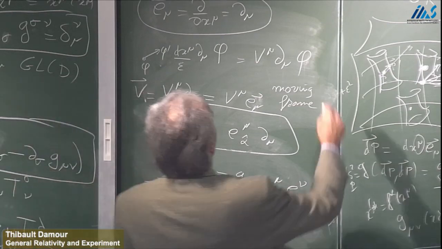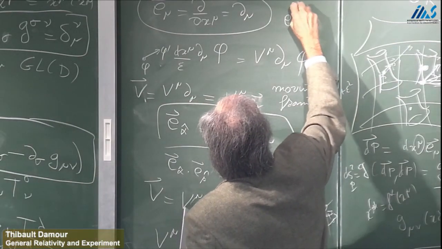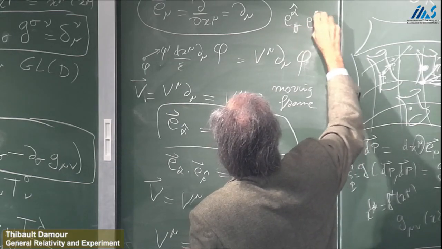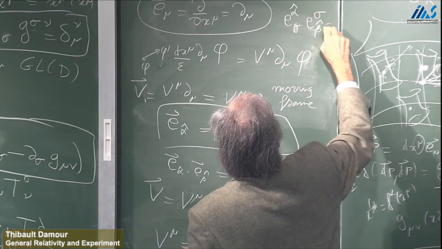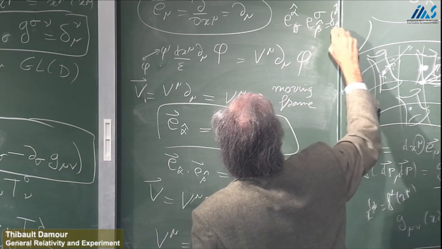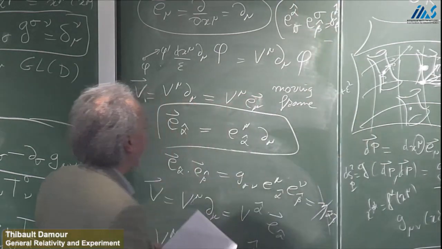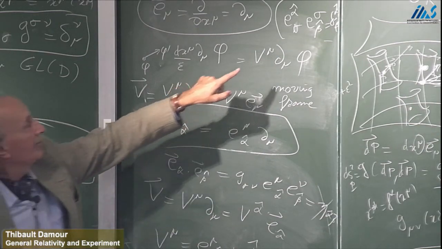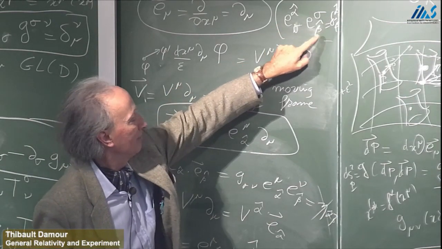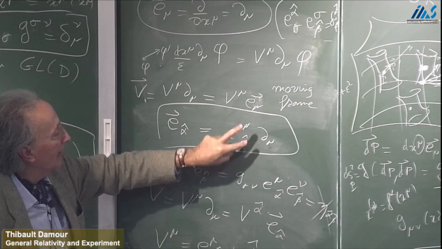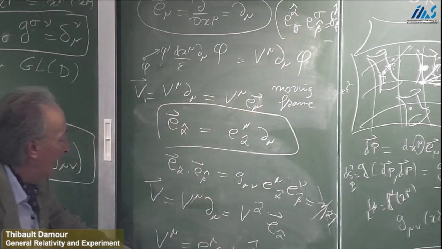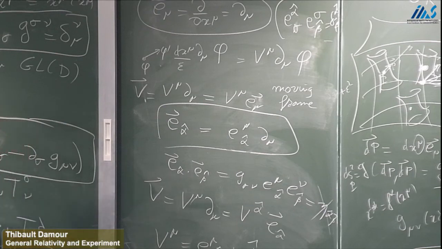So E alpha mu times E mu beta is delta alpha beta. Given a set of independent vectors at each point, I can define the inverse of this matrix, and this gives the connection between the components. It's just simple algebra.